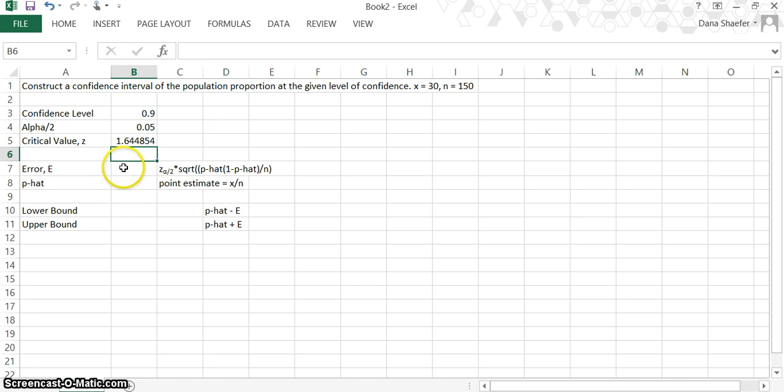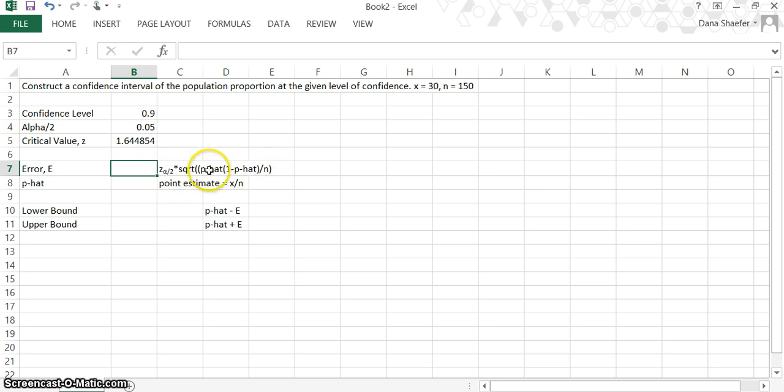The next thing I'm going to do is calculate the error. So I put the formula right next to it. The formula that I'm wanting to load is the critical value, z alpha divided by 2, times the square root of p hat times 1 minus p hat all over n.